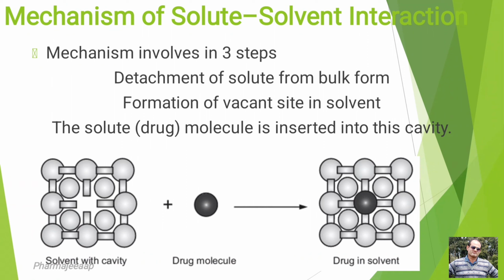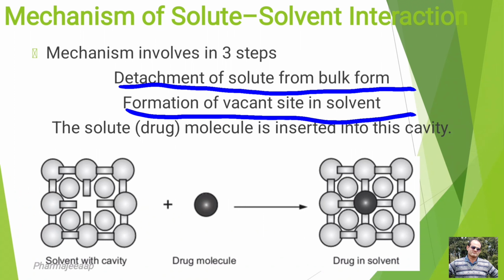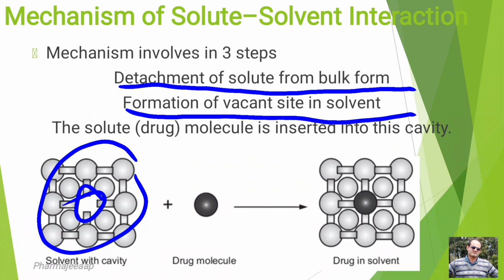Mechanism of solute-solvent interaction. The mechanism basically involves 3 steps. First is detachment of solute from the bulk, meaning the solute is detached from the bulk to form a separate entity. Next is formation of a vacant site in the solvent. Here this is the solvent, this is the vacant site. Next, the solute or drug molecule is inserted into this cavity.